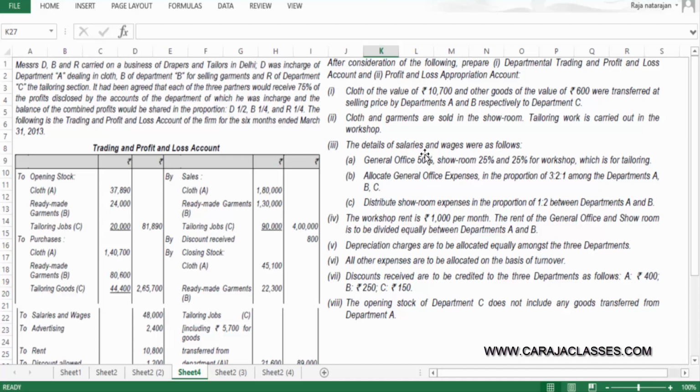Why? Because this 48,000 is for general office purpose, for showroom and workshop, and workshop is dedicated for tailoring. So whatever the 25% of the salary that is paid for workshop, that directly goes to tailoring. And that is very critical because that is going to form part of the direct expenses.